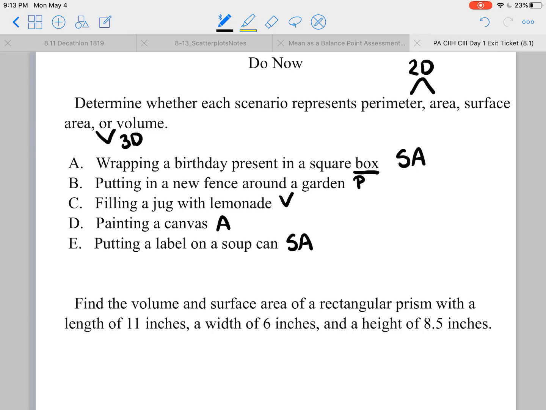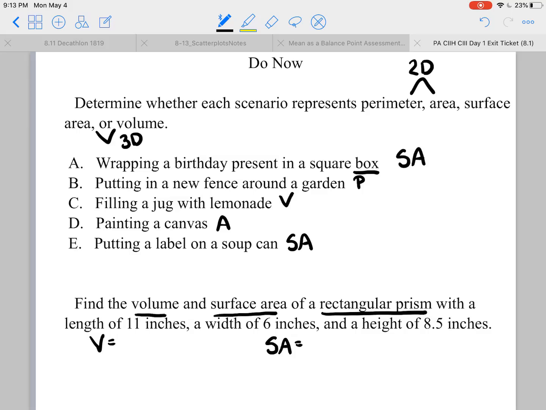The problem says to find the volume and surface area of a rectangular prism with a length of 11 inches, a width of 6 inches, and a height of 8.5 inches. So we know that we're finding volume and surface area, so we're going to need formulas. And it's a rectangular prism, so we need to look under the rectangular prism on our formula sheet.